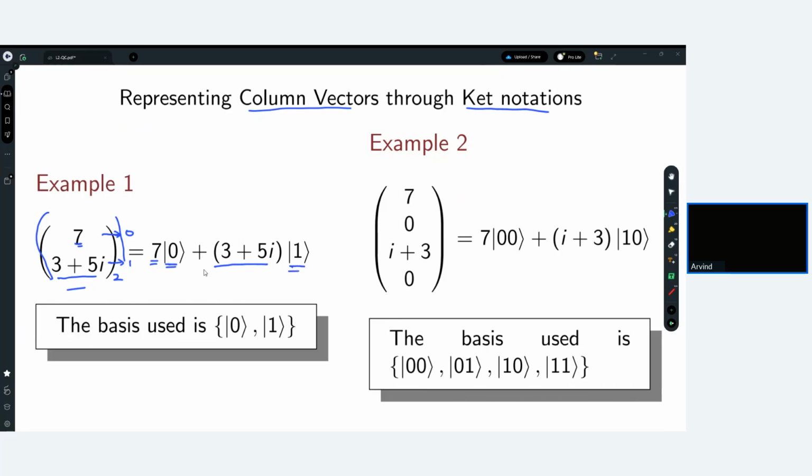Here we are using two different quantum states, Ket 0 and Ket 1. So the basis used is Ket 0 and Ket 1.